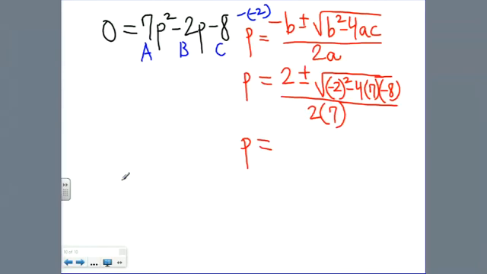Now, under the radical, let's find the value of the discriminant. Negative 2 quantity squared is negative 2 times negative 2, or positive 4. And when you multiply your last 3 numbers, you end up with 224.